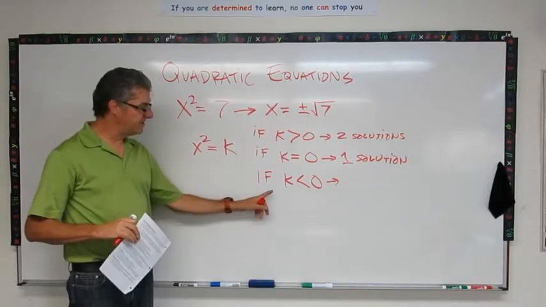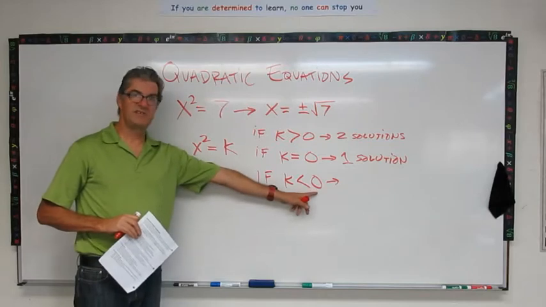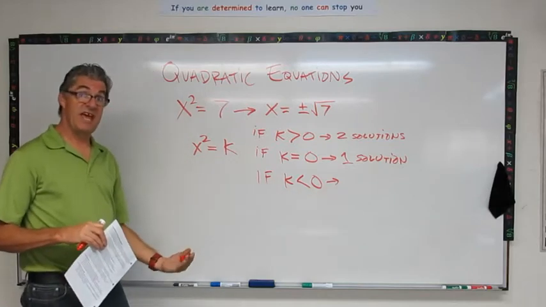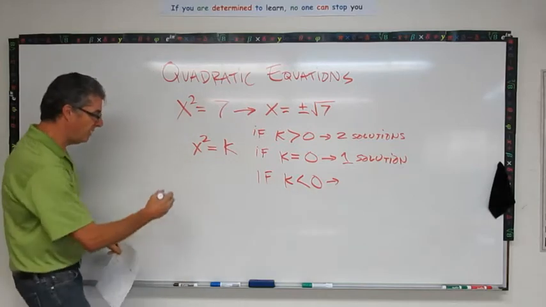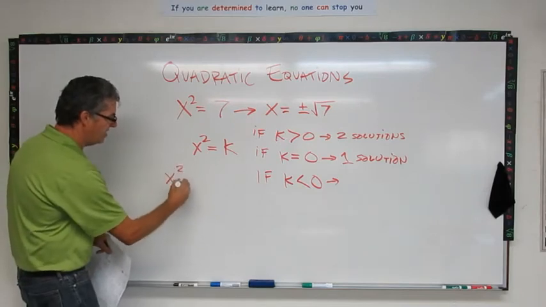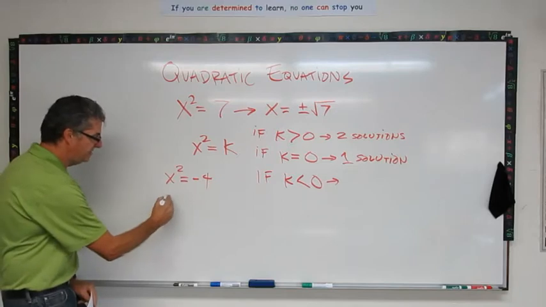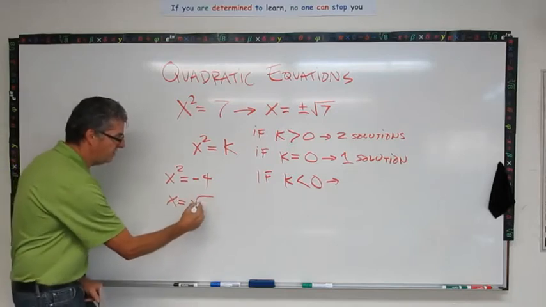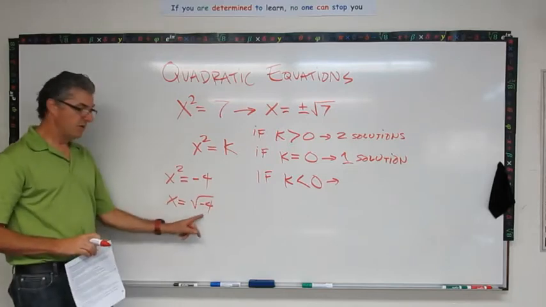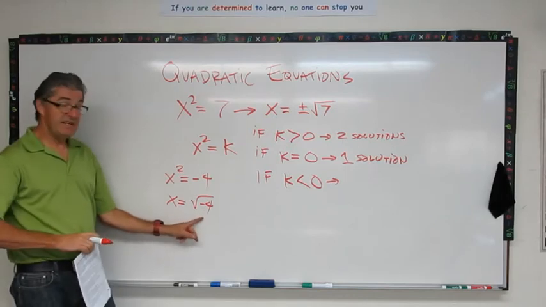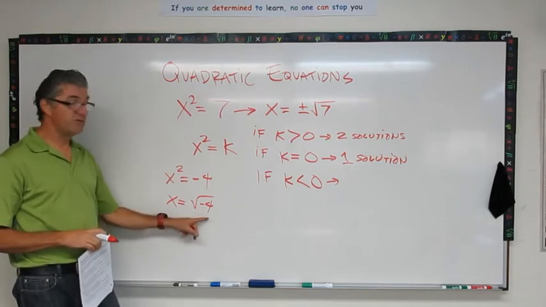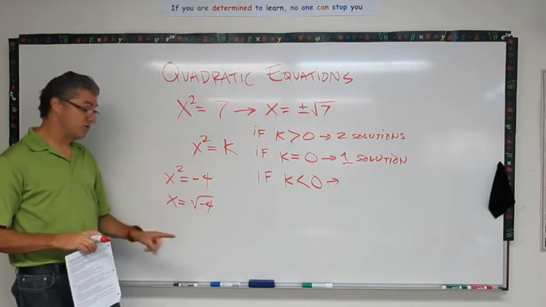So let's take the last case here. K is less than 0. What that means is k is negative. Let's take a look at a problem. What if I had x squared equals negative 4? What do we do? Take the square root of both sides. That leaves us with x equals the square root of negative 4. Can we do that? Mathematics does have a way of dealing with negative square roots, but right now we don't do that.